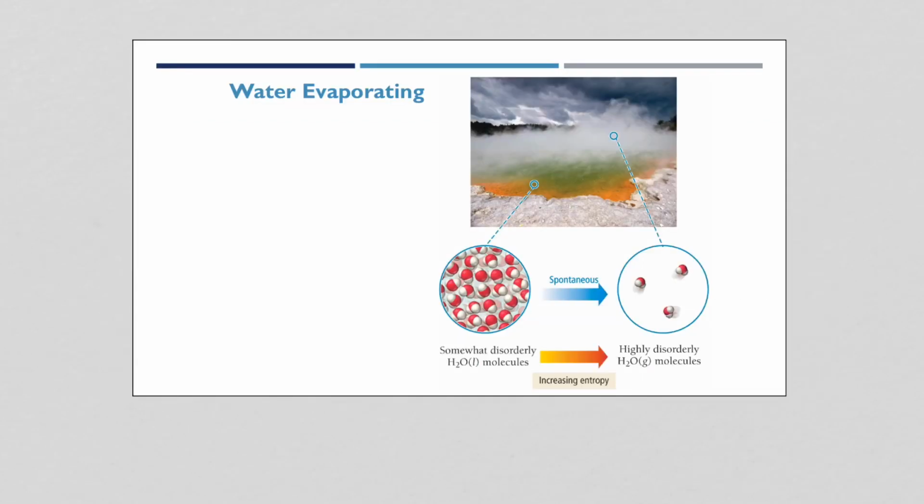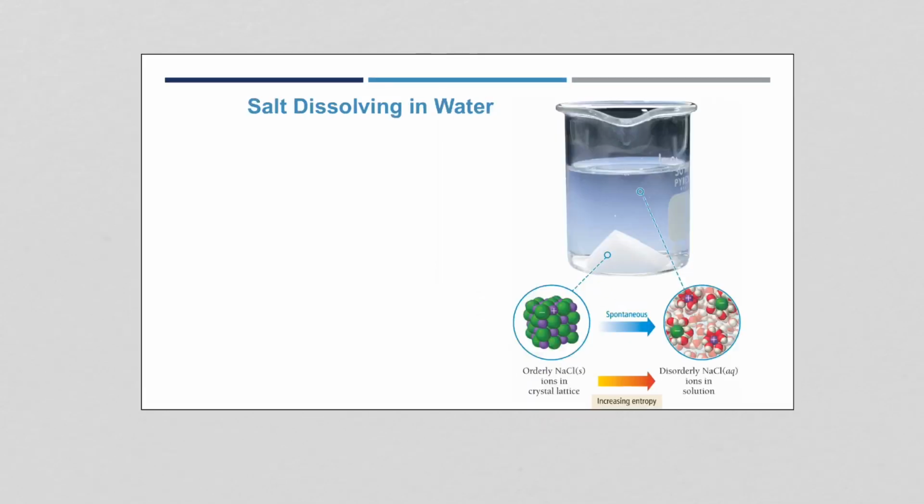So we can look at the evaporation of water, which is very similar to the melting, right? We're going from a more orderly phase in a liquid to a more disorderly phase in a gas, where now the molecules are not even connected to each other, right? They can move even more freely. So again, we go from more ordered to more disordered, or we have an increase in this idea that we call entropy. And one final example that we can look at is salt dissolving in water, right?